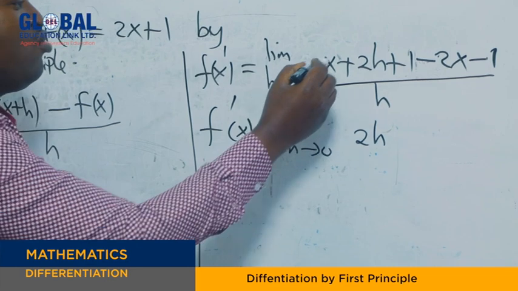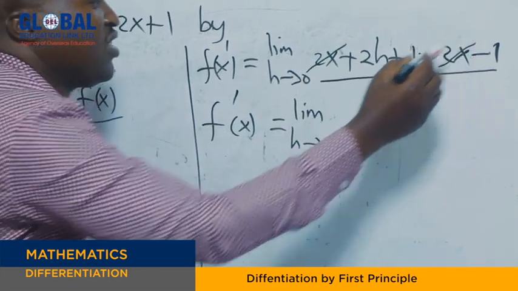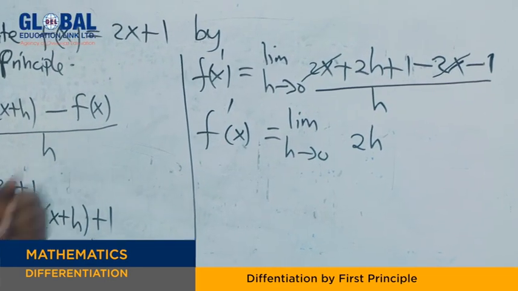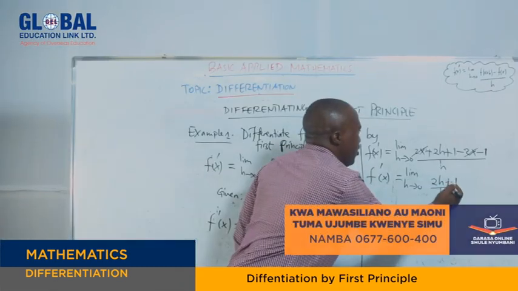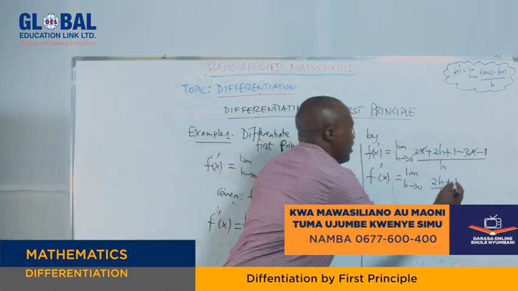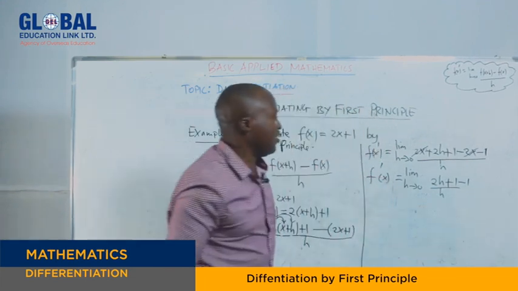Remember, the 2x and the 2x have gone. Now we have 2h plus 1 and then minus 1.